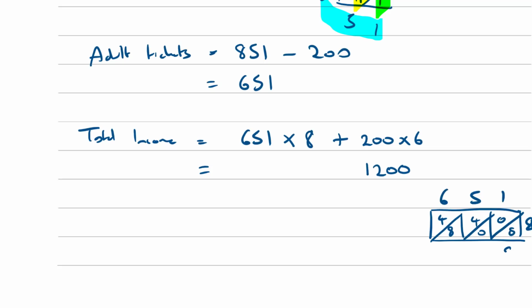And then adding up along the diagonals, that's 8, 0, 12, carry 1, 5. So my answer is 5208. So that's £5,208 for the adult tickets, plus £1,200 for the child tickets. Adding those two numbers together, that is 6408, isn't it? £6,408. Okay.